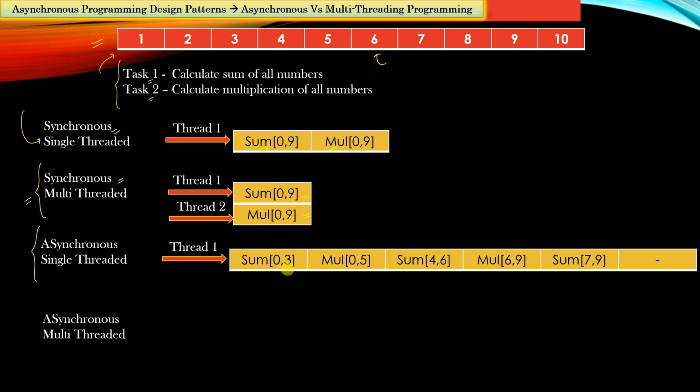You would first compute the sum of the first three integers in the array, and then your single-threaded program would switch to the task of multiplication, in which your program would compute the multiplication of the first 5 integers in the array, and then your program can again switch to the same task of computing the sum of integers of the array, and this time it will compute the sum from index number 4 to index number 6, and again your program switches to the previous task of computing the multiplication of integers in the array, and this time it will compute the multiplication from index number 6 to 9, and finally it will compute the sum of the remaining integers in the array.